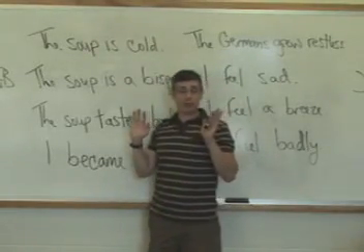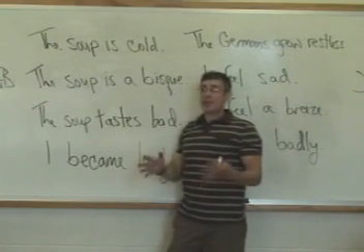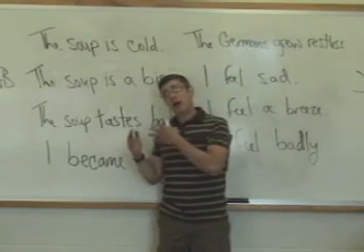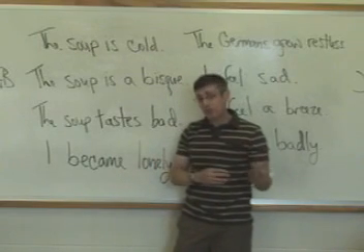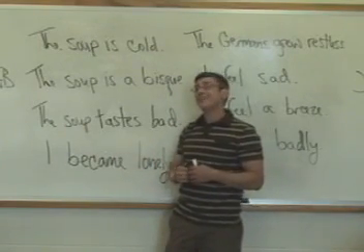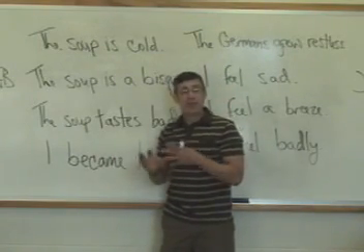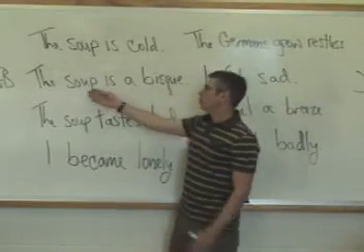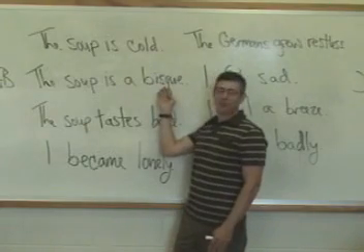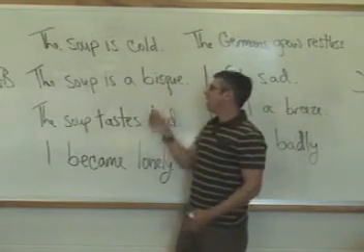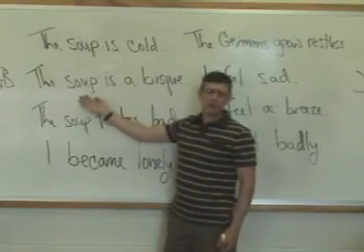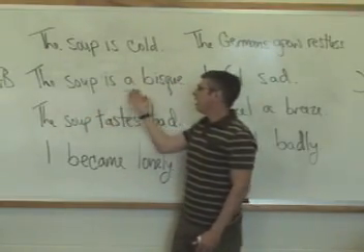So the subjective complement is either an adjective that applies to the subject, or a noun that renames that subject. For example, the soup is a bisque. A bisque, that's a noun. It's the kind of soup the soup is.